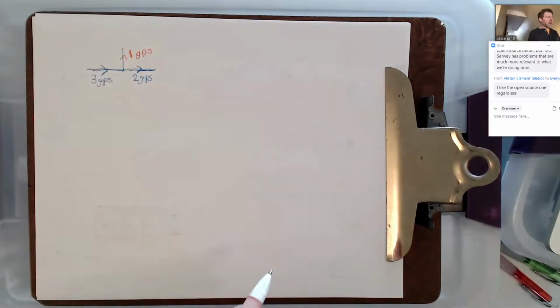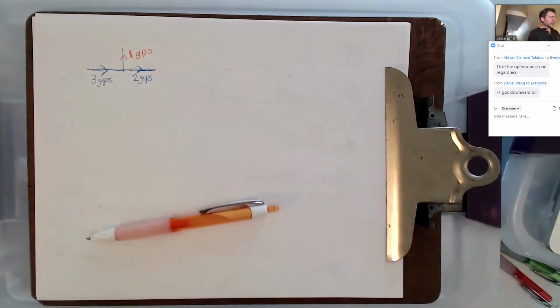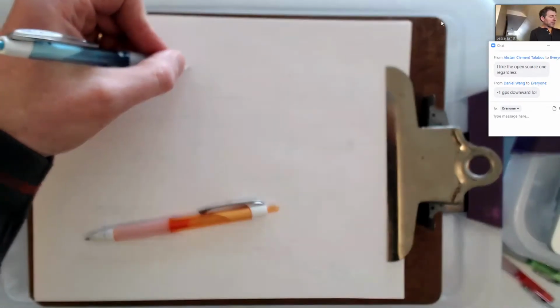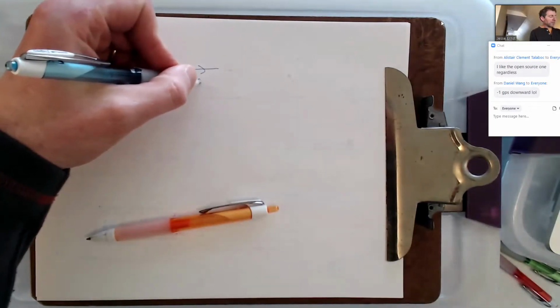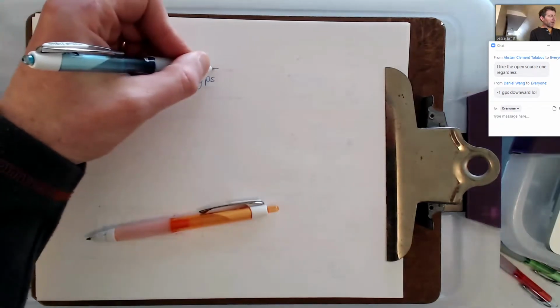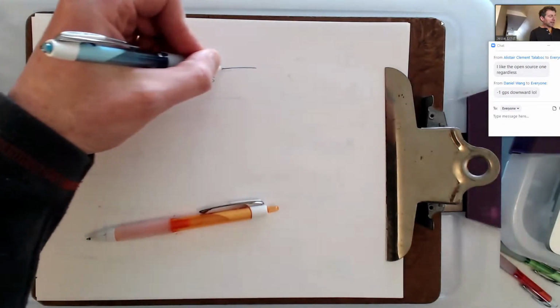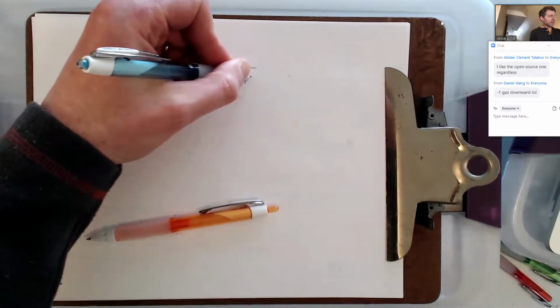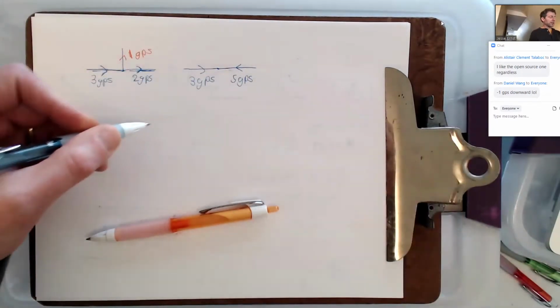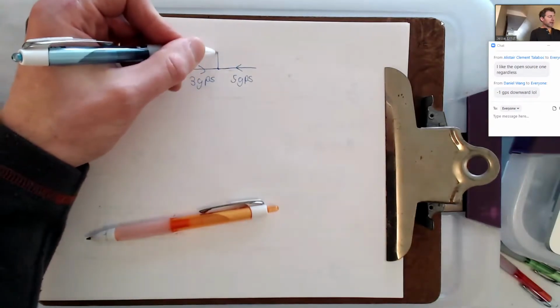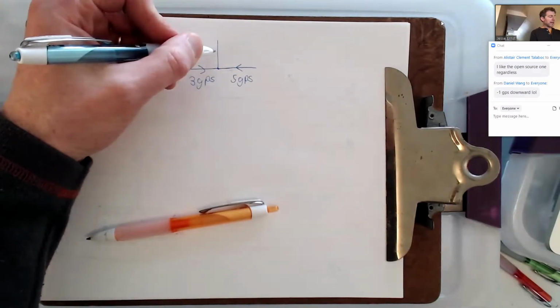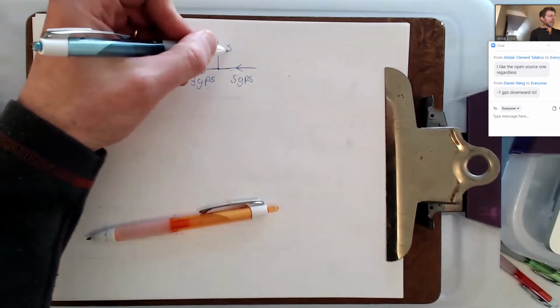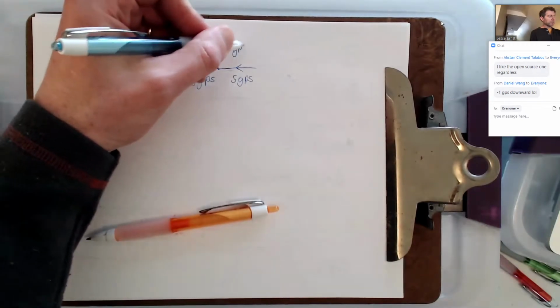Fair enough. If I changed it and said you measured 3 gallons per second that way here, and then you measured 5 gallons per second this way here, it must be 8 gallons per second upwards here.